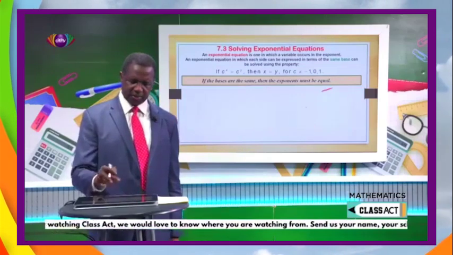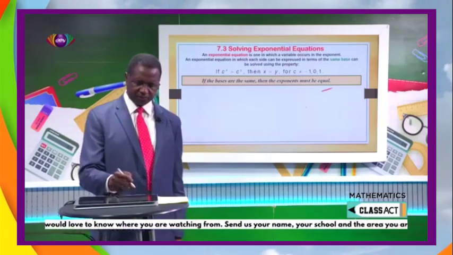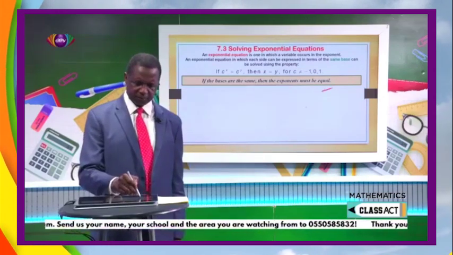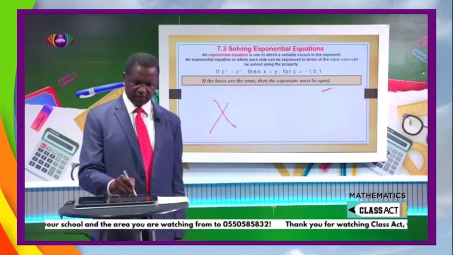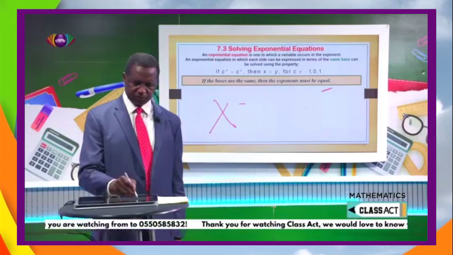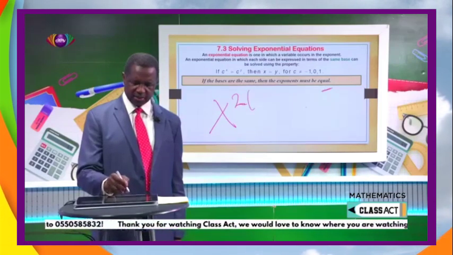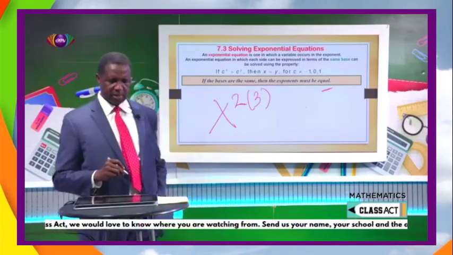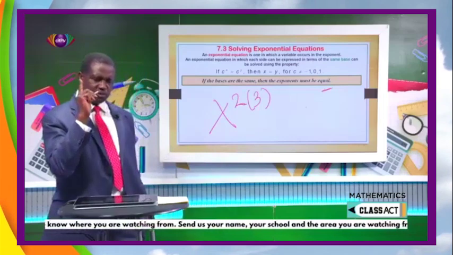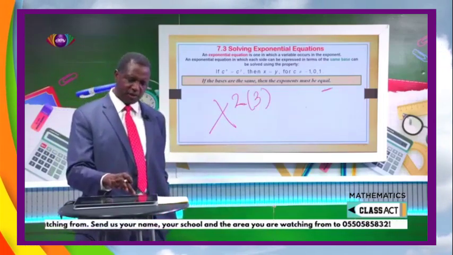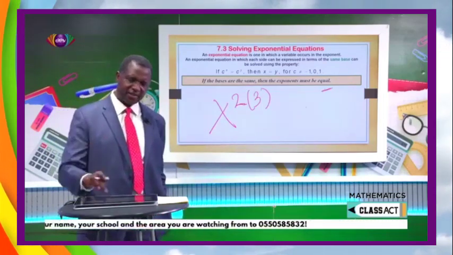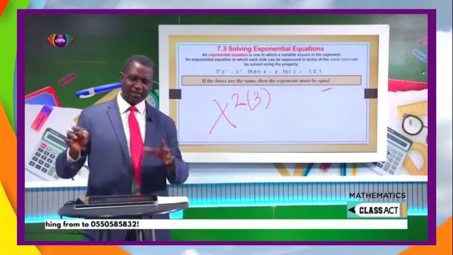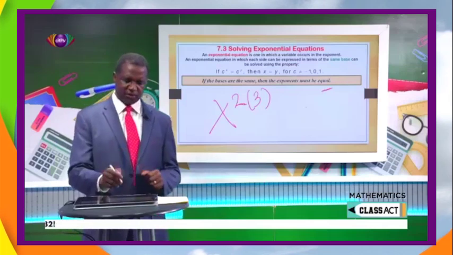If I have x to the power of 2, all to the power of 3, it's telling you that x to the power of 2 is repeating itself 3 times. So let's look at what's going to happen here.